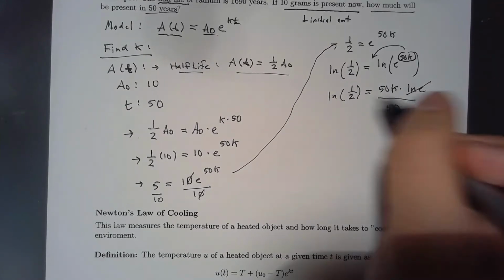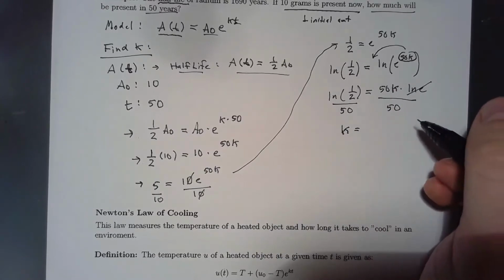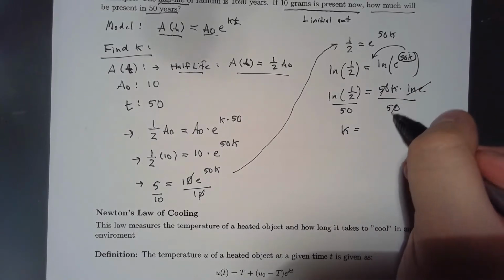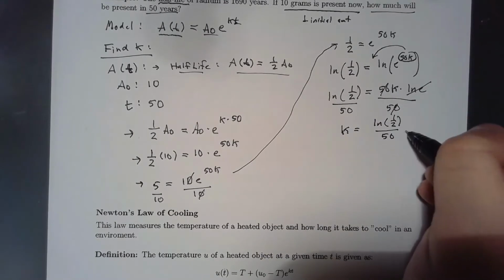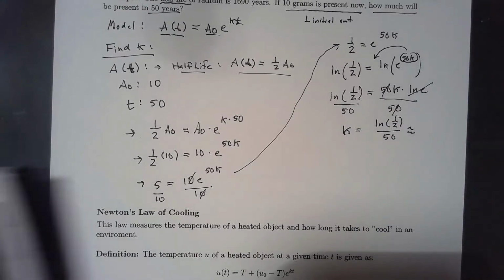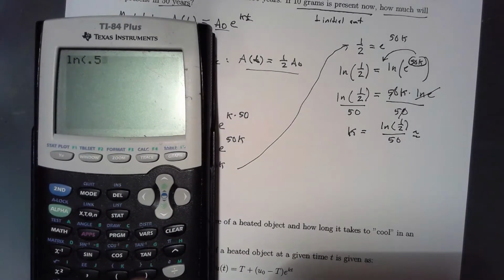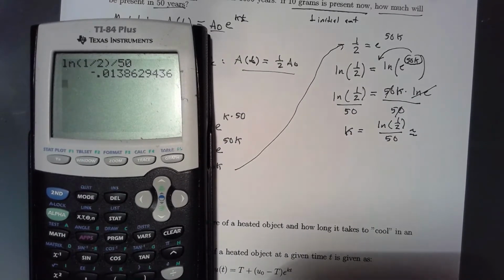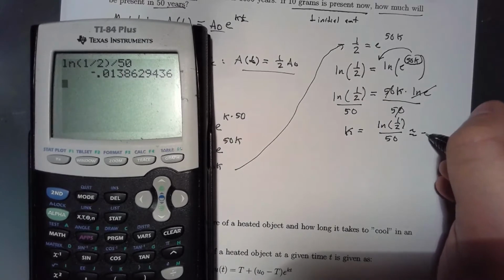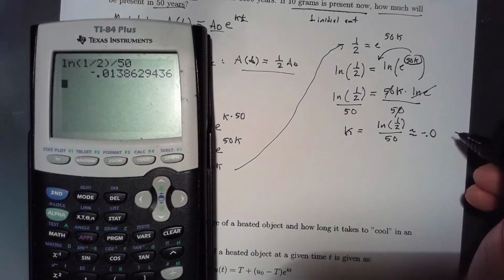Divide both sides by 50. So that means k is going to equal ln of 1/2 over 50, which is approximately, so ln of 0.5, well, I'll use the fraction, divided by 50 is roughly negative 0.0139, rounded to 4 decimal places.